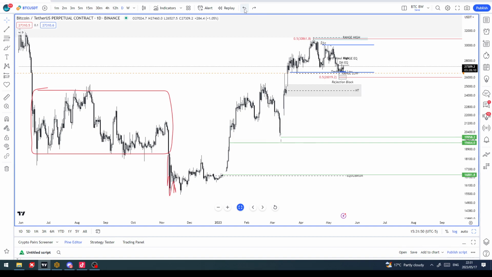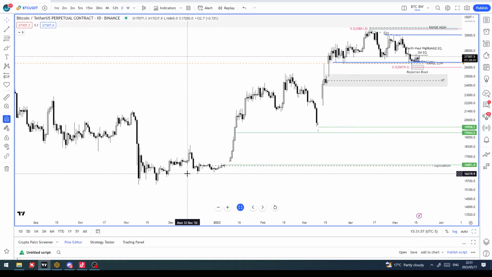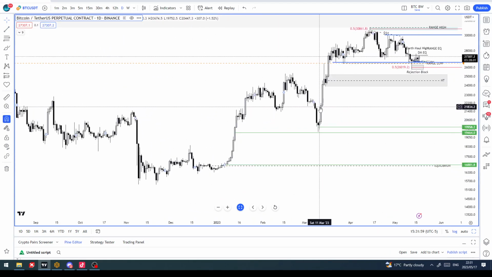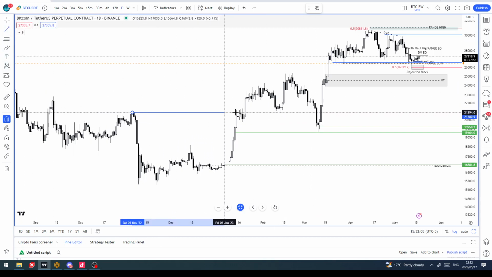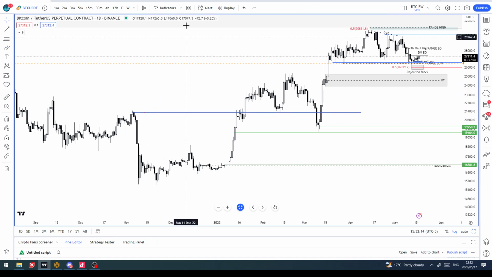So let's take away this and speak about only this now, up to this point right here. Let's make it purple again because we don't want to confuse this with the liquidity levels.